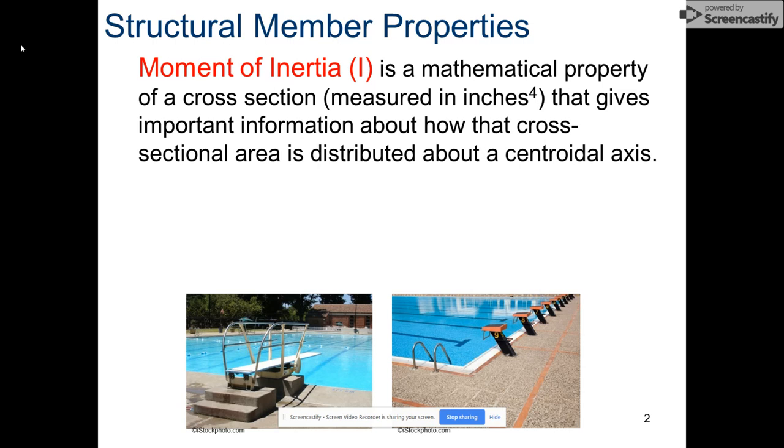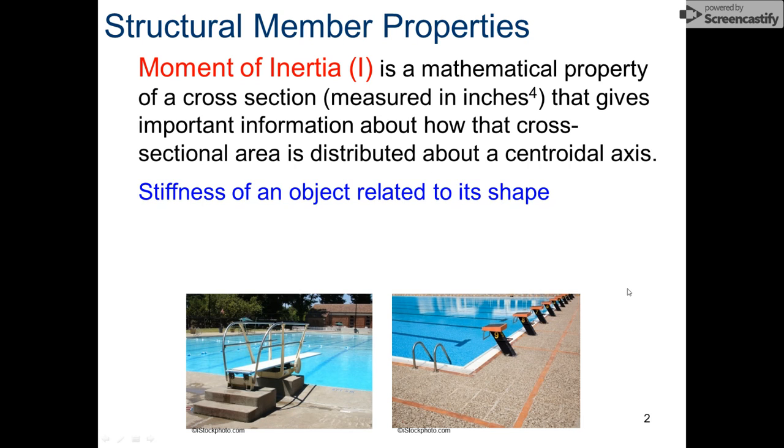So, first of all, we're going to be learning about moment of inertia, which is the cross section measured in inches to the fourth that gives information about the cross sectional area distributed about a centroidal axis. Now, we went through and learned about centroids.